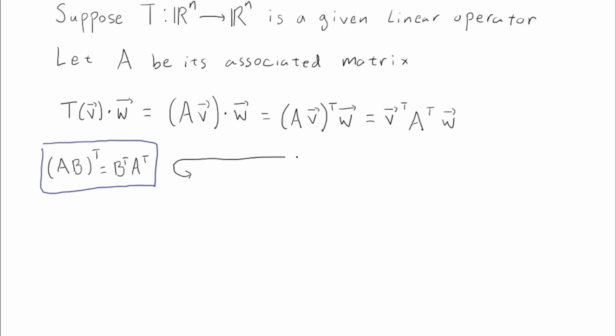So let's go over here. Now this is equal to, what I want to do is take this V transpose, put a little parentheses here to make things more obvious for what we're going to do.